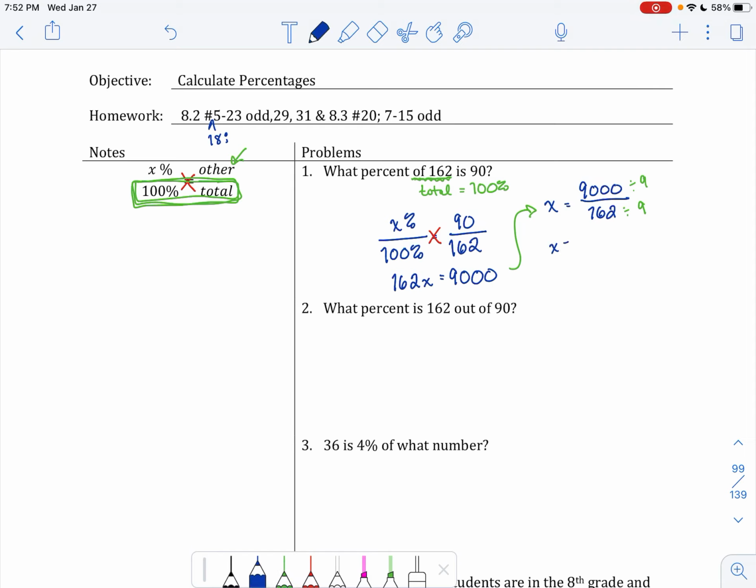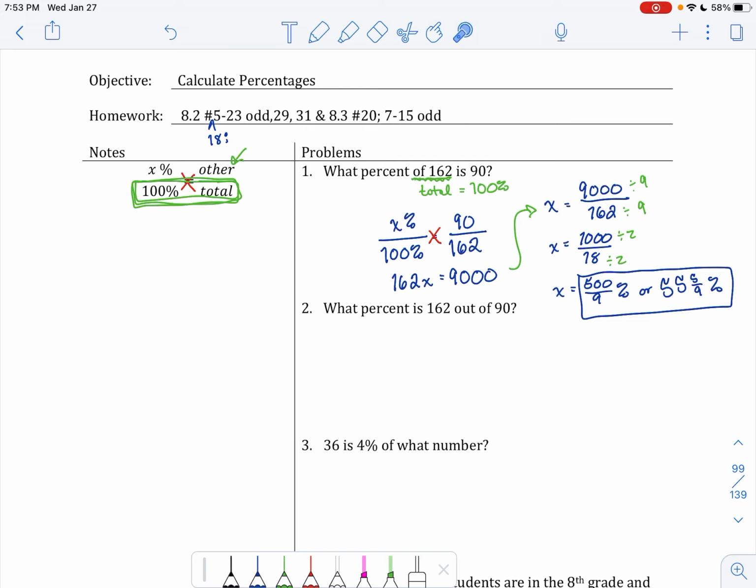And so what that tells us is that we then have 1,000 over 18, which is also divisible by 2. And our final answer is, you can either leave it as a fraction of 500 over 9%, or, which is what we're most used to, you could write this as a mixed number, 55 and 5/9%, like that.